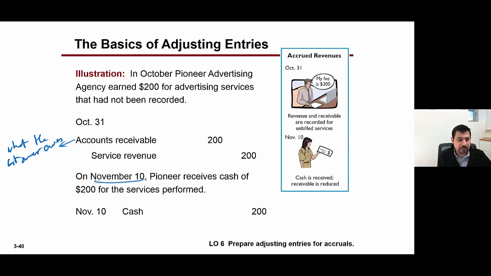At the same time, the account that is credited is accounts receivable, because what's happening here is that the customer is paying their debt. They used to owe Pioneer Advertising $200. Now they don't owe them that anymore. This is why this is not service revenue. It's accounts receivable. They are paying their debt. They're not paying for a new service.